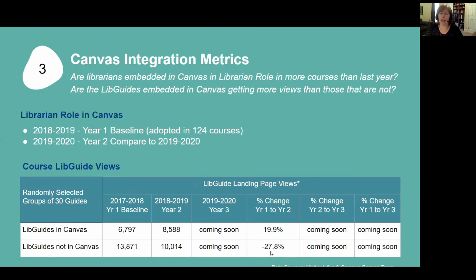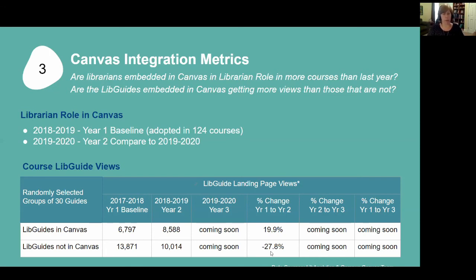And then remember, we also have been working to get course library guides embedded into Canvas shells. That adoption is really up to the teaching faculty member. So the adoption is growing, but it's not fully implemented across the board.